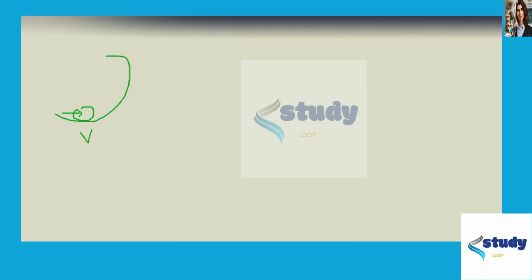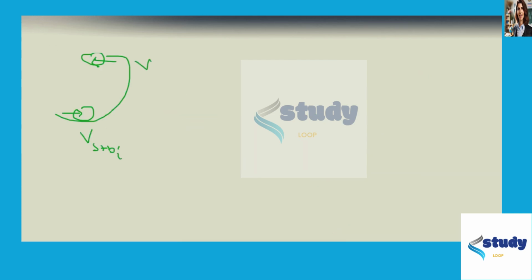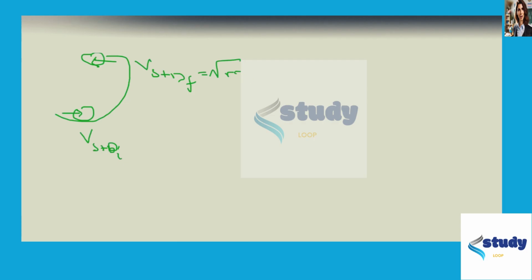We don't know what the combined velocity of the sphere and the dart is when they stick together, but we do know what this combined velocity is right here. If you go back, we just found it. It's the final velocity of the sphere and the dart, so this should be v_D, and that happens to be the square root of rg.